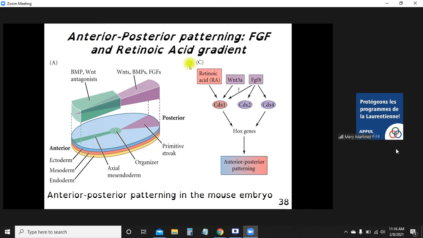Then we can control different enzymes and genes that will activate the specific genes. So FGF8, WNT3A, and retinoic acid all contribute to that posterior embryo, working together with some related genes. There is the CDX1, CDX2, and 4. And all of these control the Hox genes, which get activated.